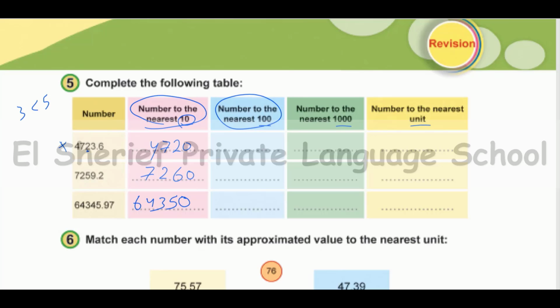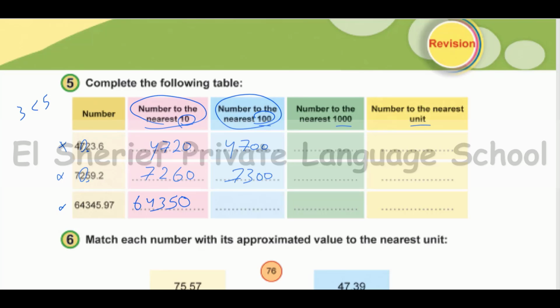We have 2, so we put 7 as it is and complete 4. When we round to the nearest 100, we must have the tens and unit places equal 0. The next number, look at the tens place, 5, so increase 3 by 1, 2 becomes 3. 7 and put 2 0 on the unit and tens.